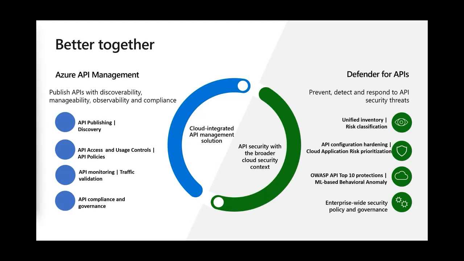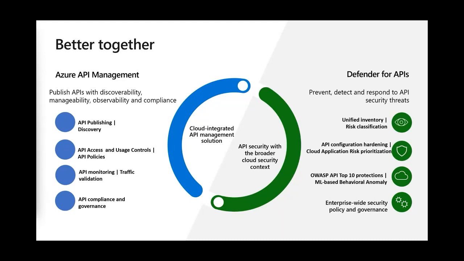It gives admins a central view of all of the API collections and endpoints hosted within Azure API Management Services. It searches for risk factors such as inactive, unauthenticated, externally facing APIs, and APIs that transmit sensitive data.